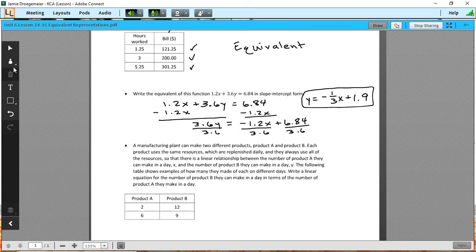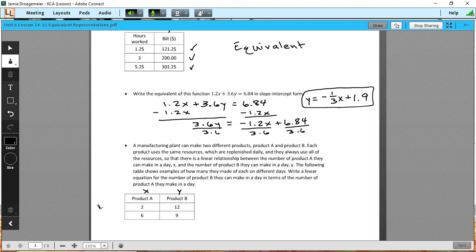All right, our last problem says we have a manufacturing plant that can make two different products, product A and product B. Each product uses the same resources, which are replenished daily, and they always use all of the resources, so there's a linear relationship between the number of product A they can make in a day, which we're calling X, and the number of product B they can make in a day, which we're calling Y. The table below shows examples of how many they made on different days.